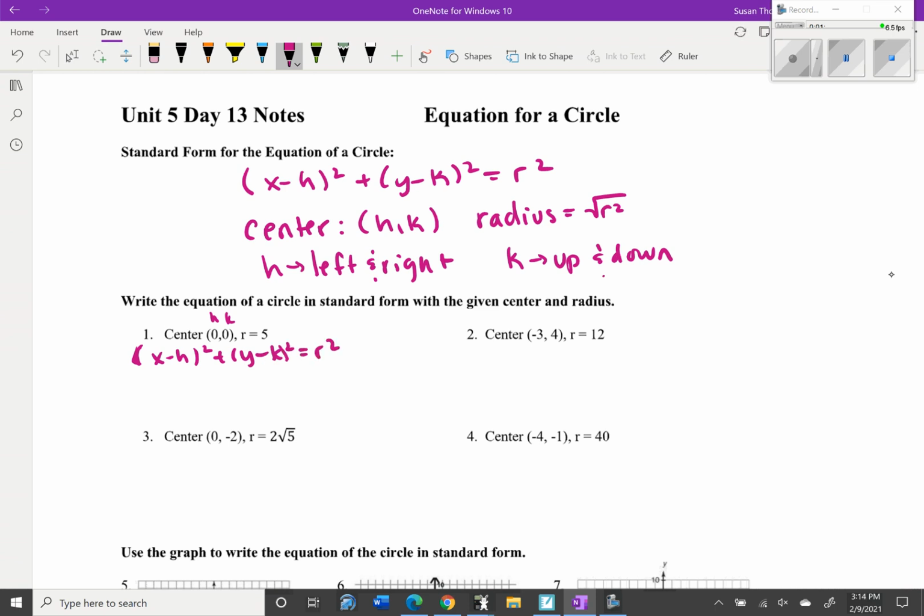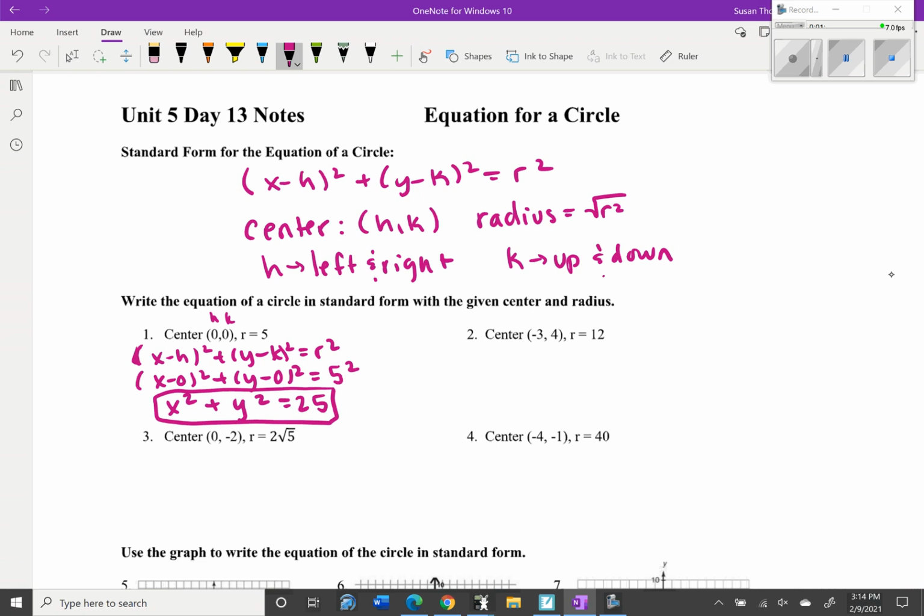So we're just plugging 0 in for h and for k. So if you plug in 0, you would get x minus 0 squared plus y minus 0 squared is equal to 5 squared. So this gives us x squared plus y squared equals 25. So this would be the equation of my circle with a center at 0, 0 and radius of 5.